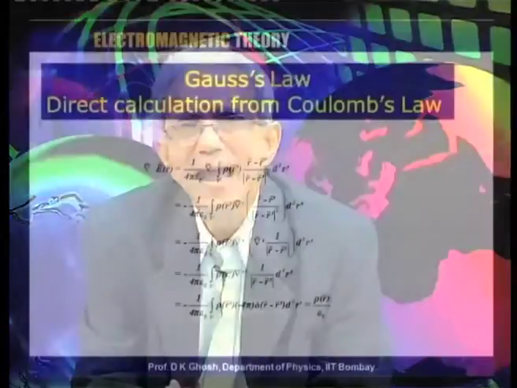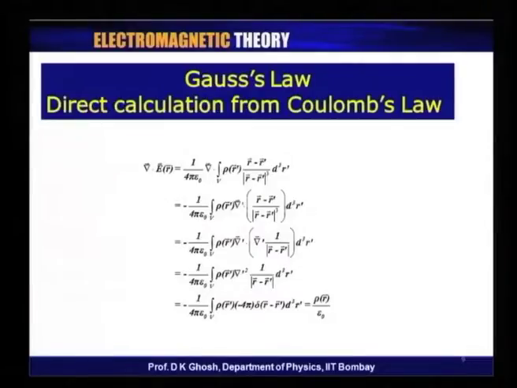So, let us do a little bit of detailed arithmetic and try to see whether one can directly derive it from Coulomb's law. For that I need the expression of Coulomb's law for a continuous charge distribution.